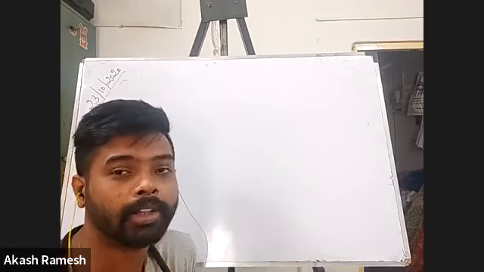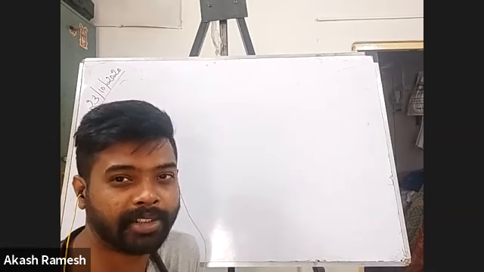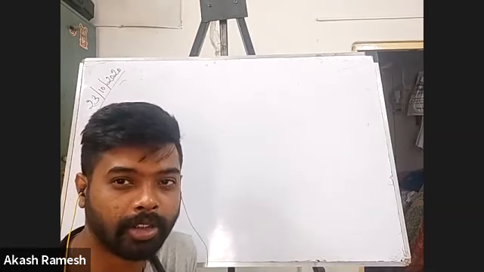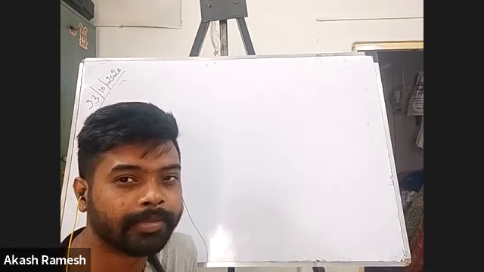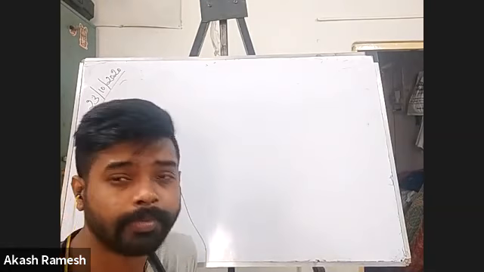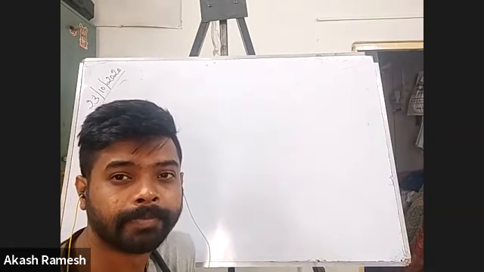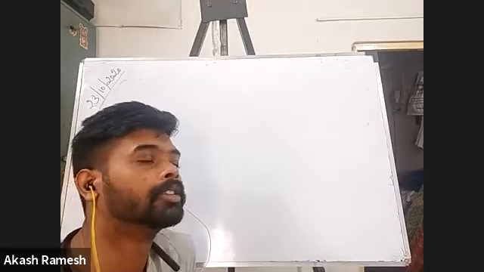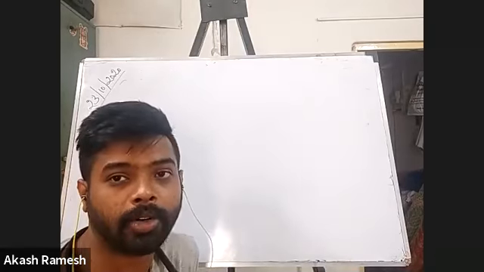So what is the criteria for acidic strengths? When will you say that the acid is having more acidic strength? When the stability of the conjugate base is more. Correct. So when the conjugate base is stable, then I say that the acid is a good acid.